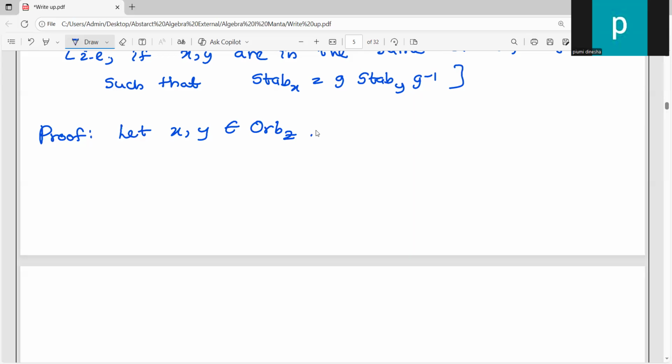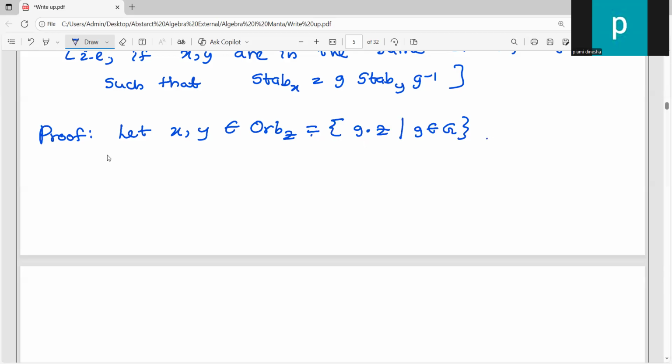Then, by definition of the orbit, what sort of elements does it contain? This contains all elements g dot z, where g comes from G. Now, x and y are elements in this orbit. Then, for some g1, g2, x must equal g1 dot z, y must equal g2 dot z. These two elements must take the form of g dot z for some g, right?